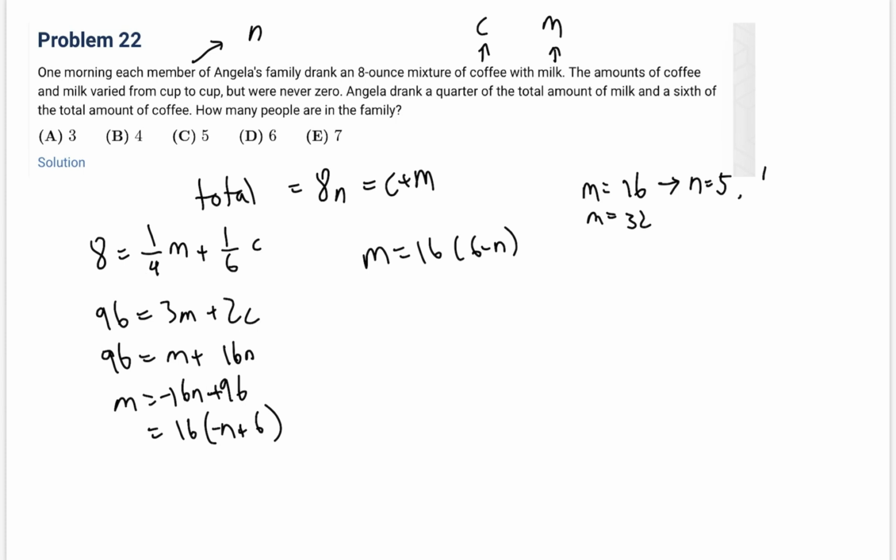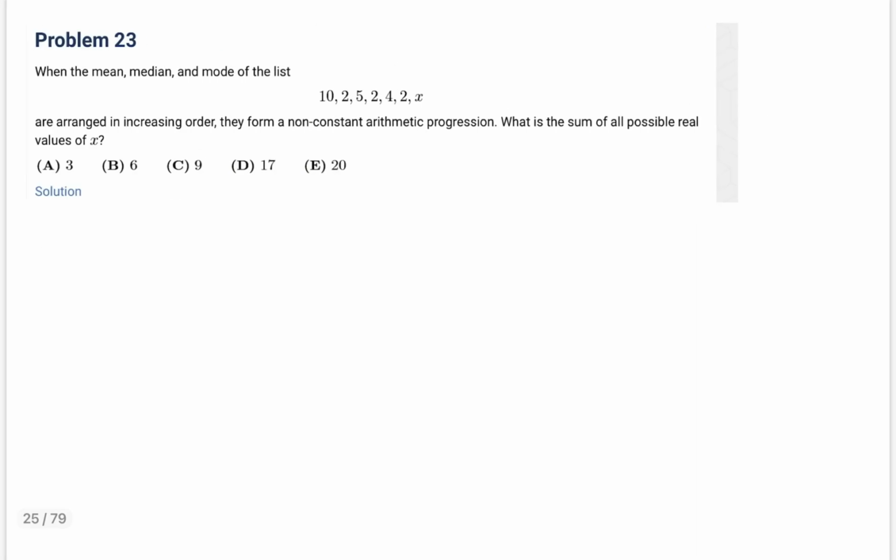There are 4 ounces in Angela's cup. If m is 32, then n is 4, and then there are 8 ounces of it in her cup. But she drank 8 ounces in total, so she must have drank no coffee, but it should never be 0. So m equals 32 is implausible. So m is 16 and n is 5. There are 5 people in the family, so it's C.